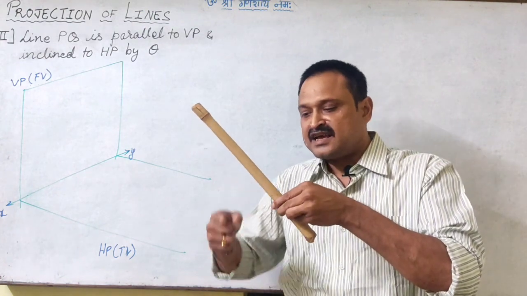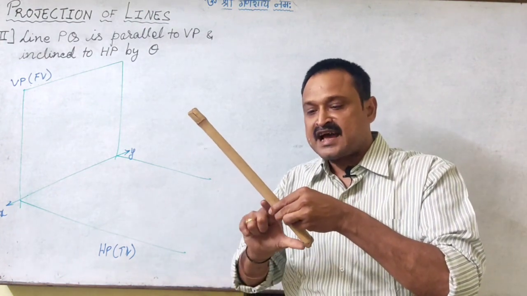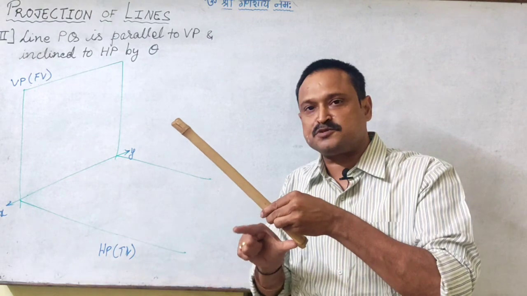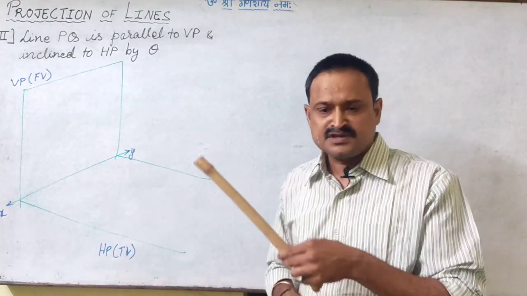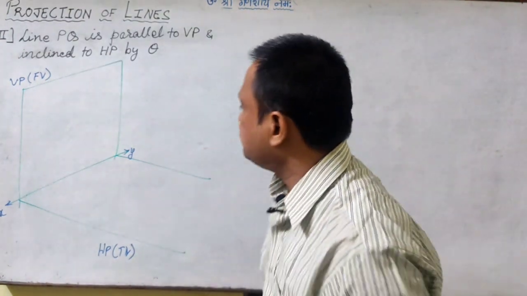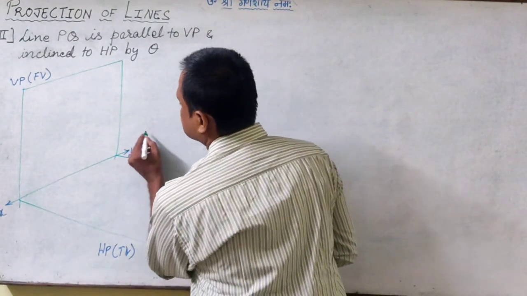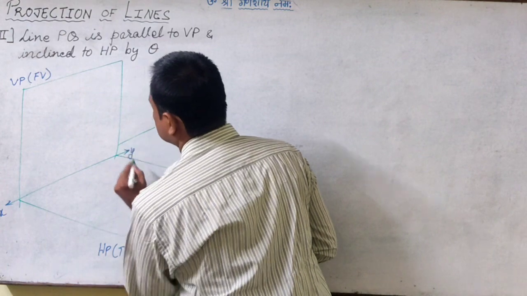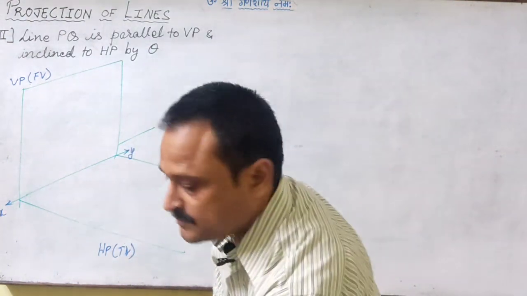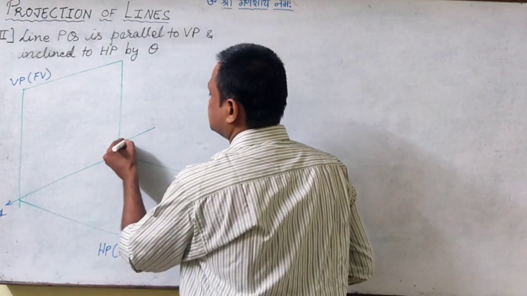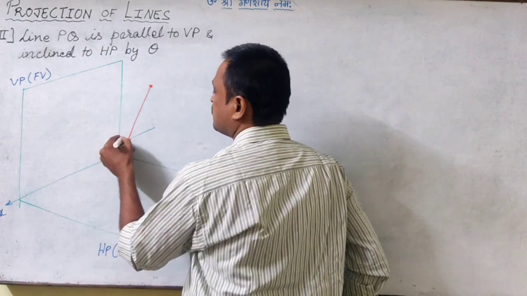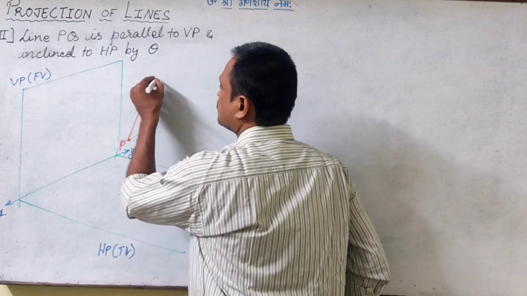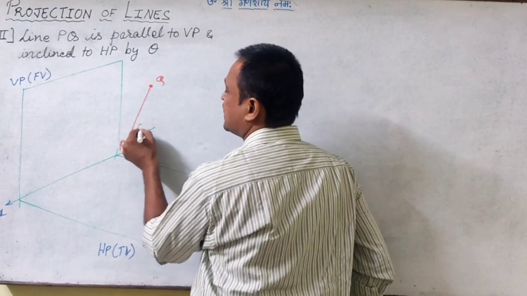That is why it is inclined to HP, and this inclination with HP is, let us say, theta, whatever that inclination. So if I try to understand this condition, there is this line PQ and it is inclined at theta.